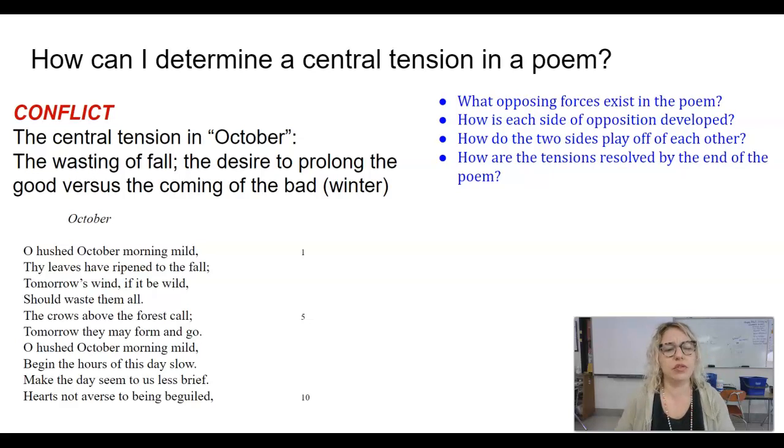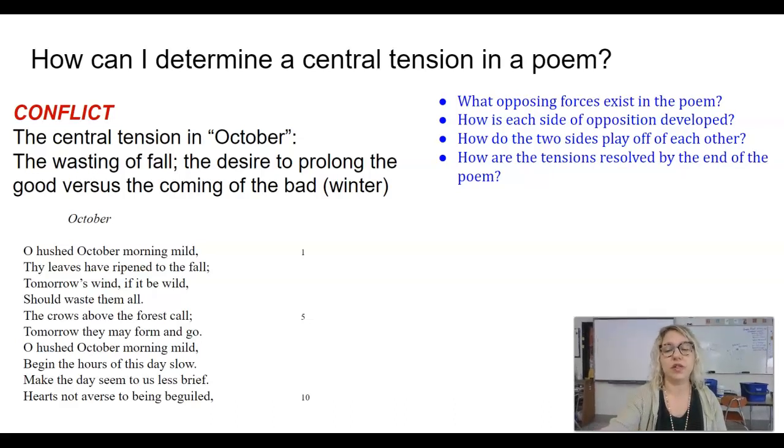So I'm going to use the poem October by Robert Frost that we spent a lot of time working on in terms of form and structure in the first half of the packet as we work through these Understanding Poetry questions. If you were to read the first few lines of October, "O hushed October morning mild, thy leaves have ripened to the fall, tomorrow's wind, if it be wild, should waste them all," you start to already see some opposing forces.